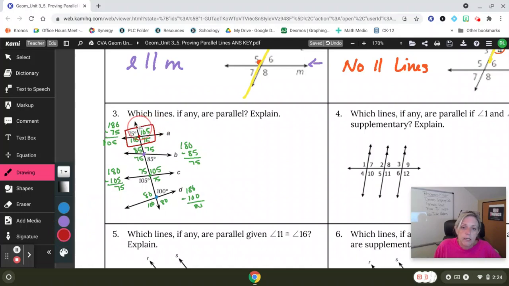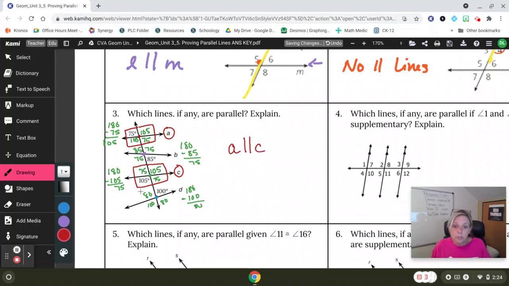I can see that I have 75 on the top left and 105 on the top right. And I can see down here that I have 75 on the top left and 105 on the top right. So these two are identical, which tells us these two lines are parallel. So my answer would be A is parallel to C.